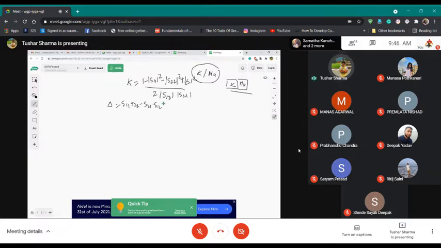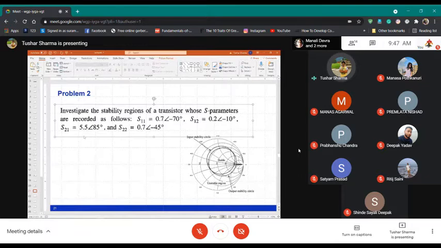Ritesh, what is K in this case? Ritesh is muted now. So K is around 1.15 and delta is 1.58.